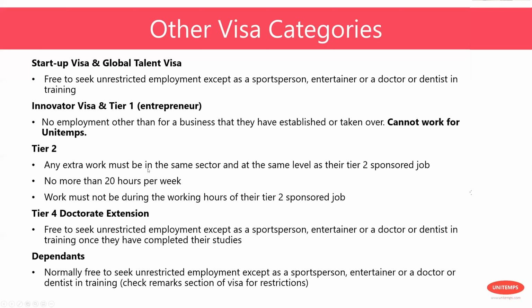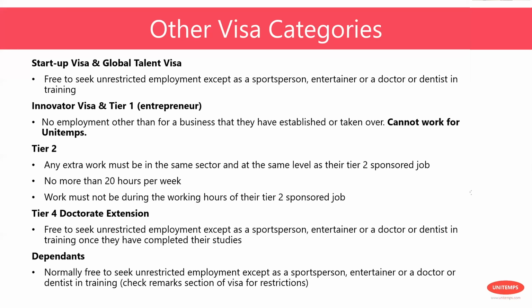And lastly, dependents. Dependents from most of these types of visas are normally free to seek unrestricted employment except as a sports person, entertainer, or doctor or dentist in training.